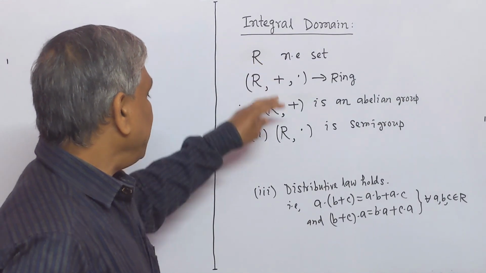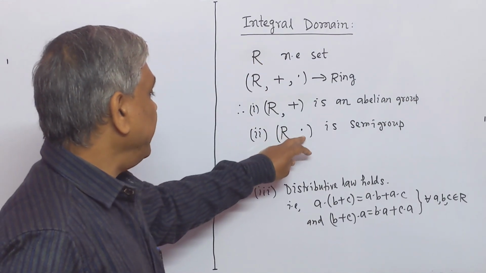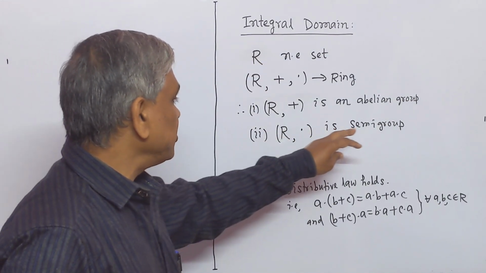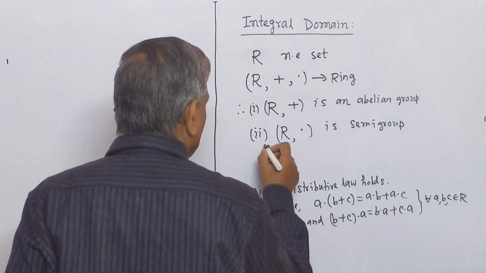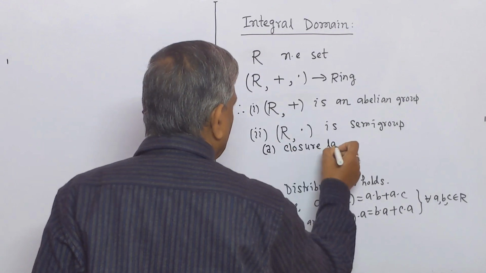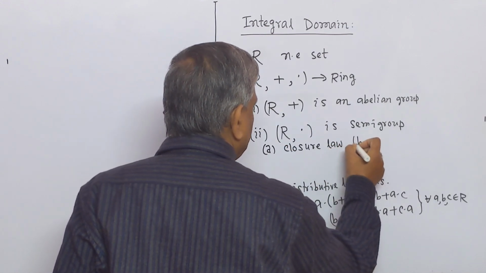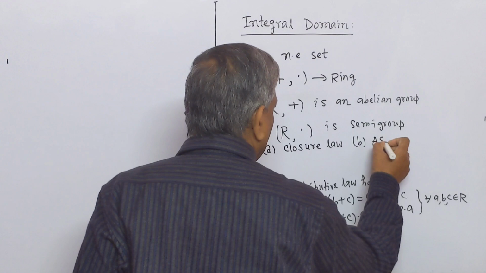Here in number 2 we see that the non-empty set R with binary composition multiplication is a semi-group. That means number 1, closure law, number 2, associative law.